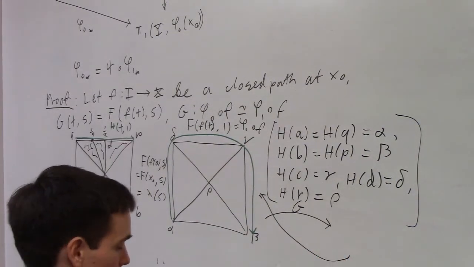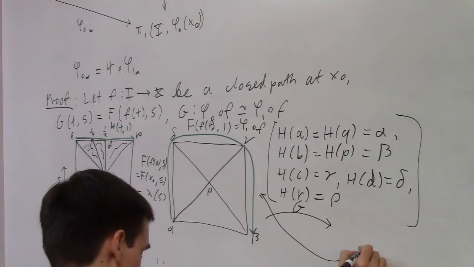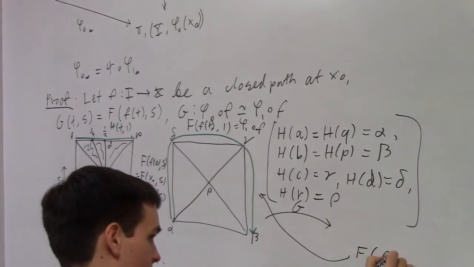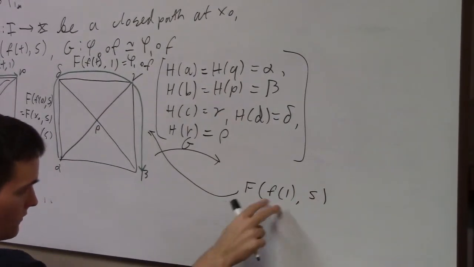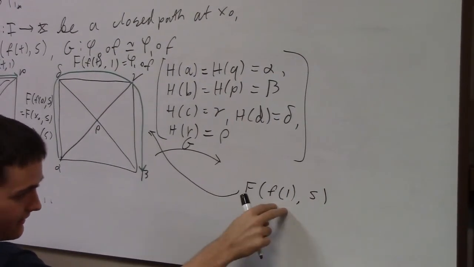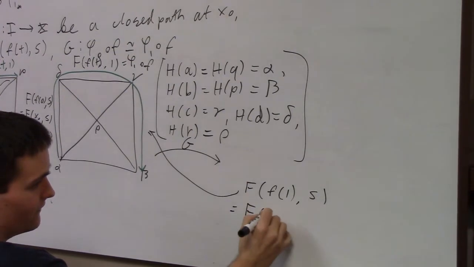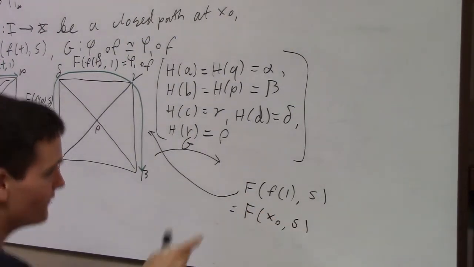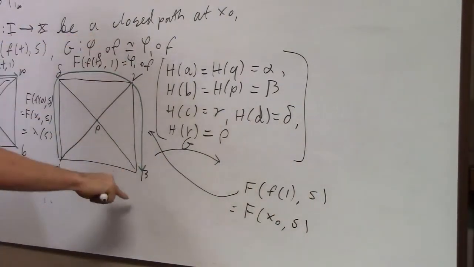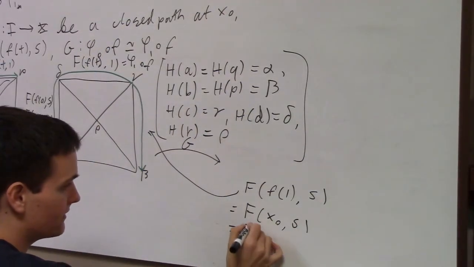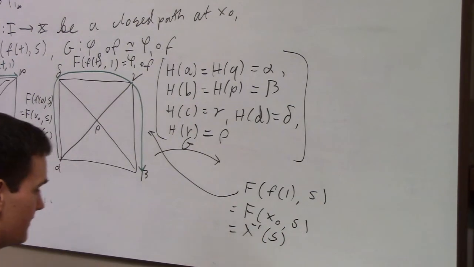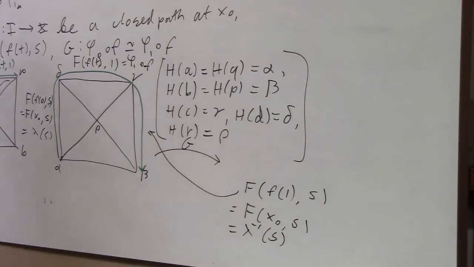We know where the points go to. But at this point here, you're going to get f of little f of 1 comma s. Of course, this is a closed path at x naught, so this is going to be f of x naught s. And of course, s now is going opposite to what it was before. So this is actually lambda inverse of s.